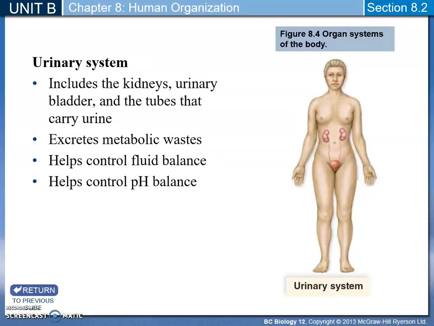Then the urinary system includes the kidneys, urinary bladder, and the tubes that carry urine, and it excretes metabolic waste.